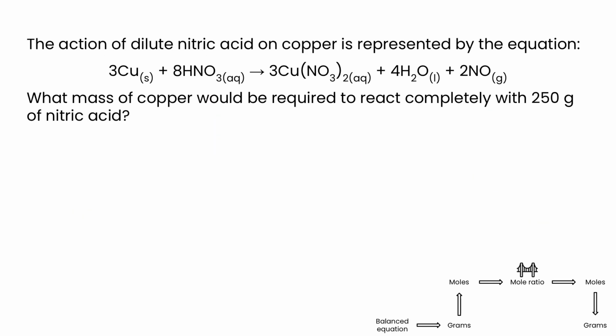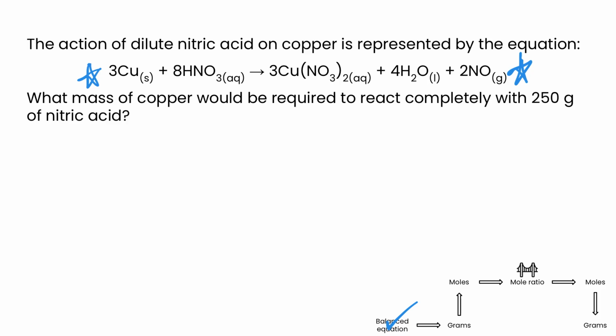Let's jump right in then to our first example. So our first example says the action of dilute nitric acid on copper is represented by this equation here. Now you can already see it is balanced. So step one is already done in stoich. Then we need to find what mass of copper is going to be required to react completely with 250 grams of nitric acid.